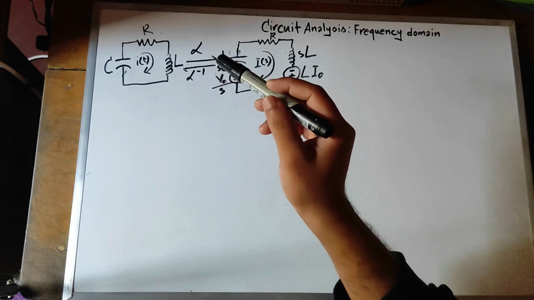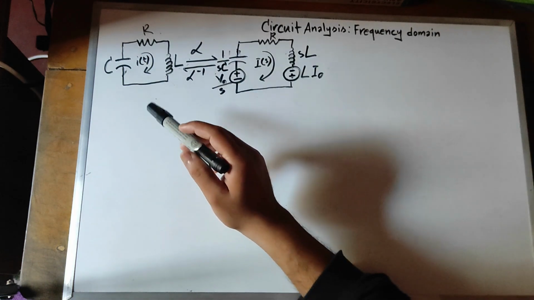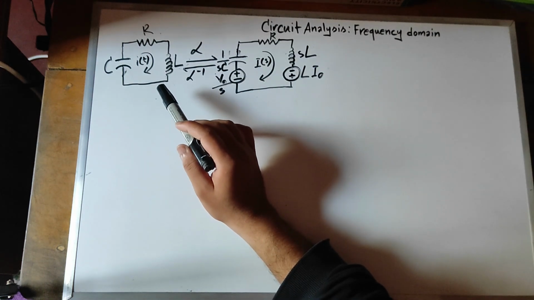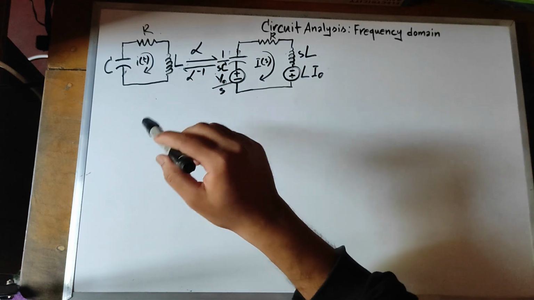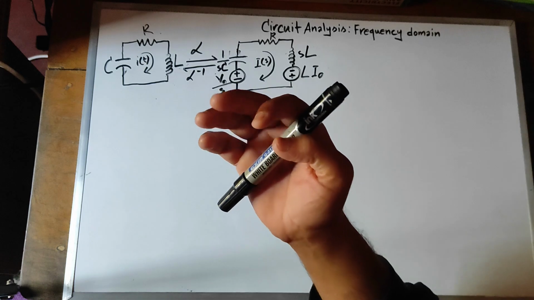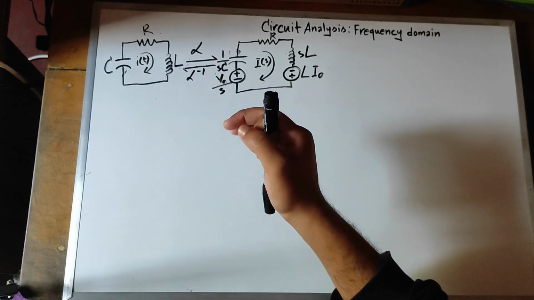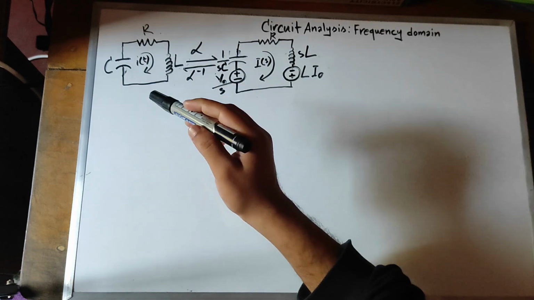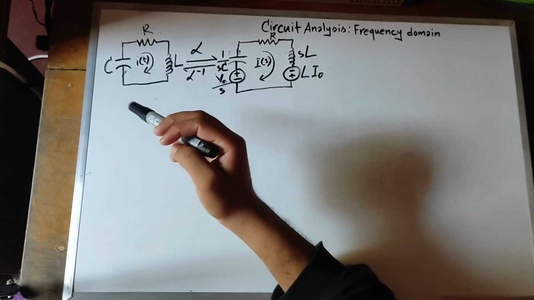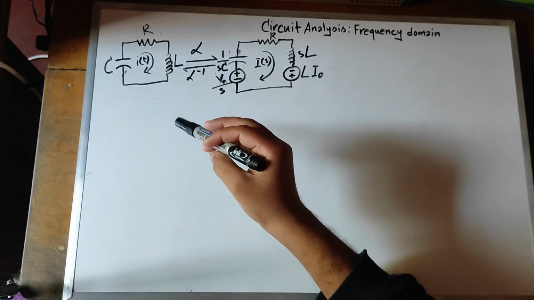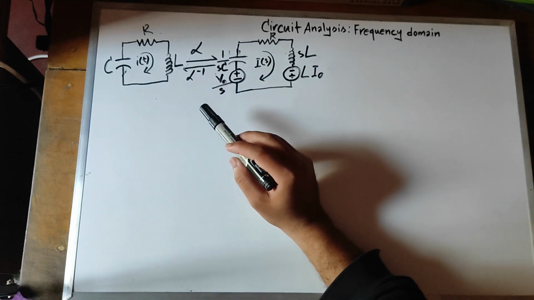In time domain, this RLC circuit, after applying KVL, generated a linear differential equation with constant coefficients, and it was of second order because there are two dynamic elements L and C present in the RLC circuit.